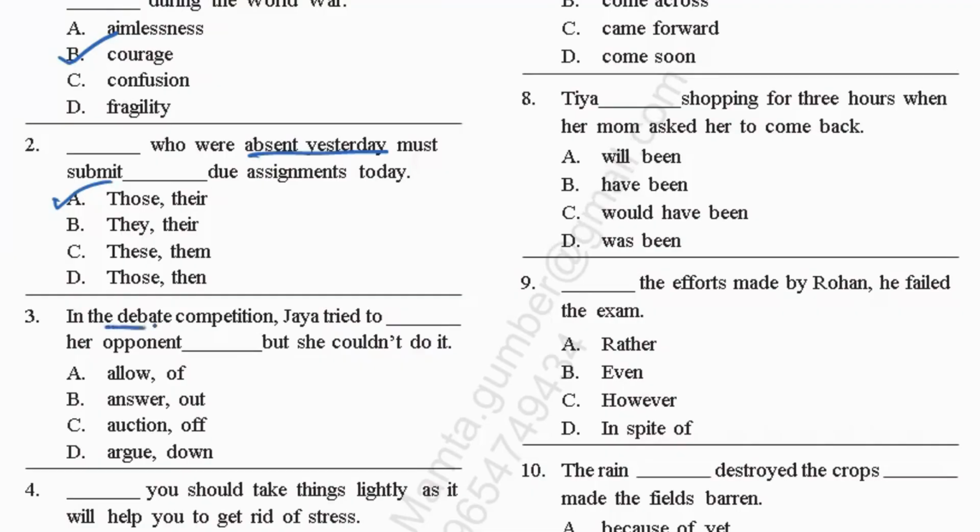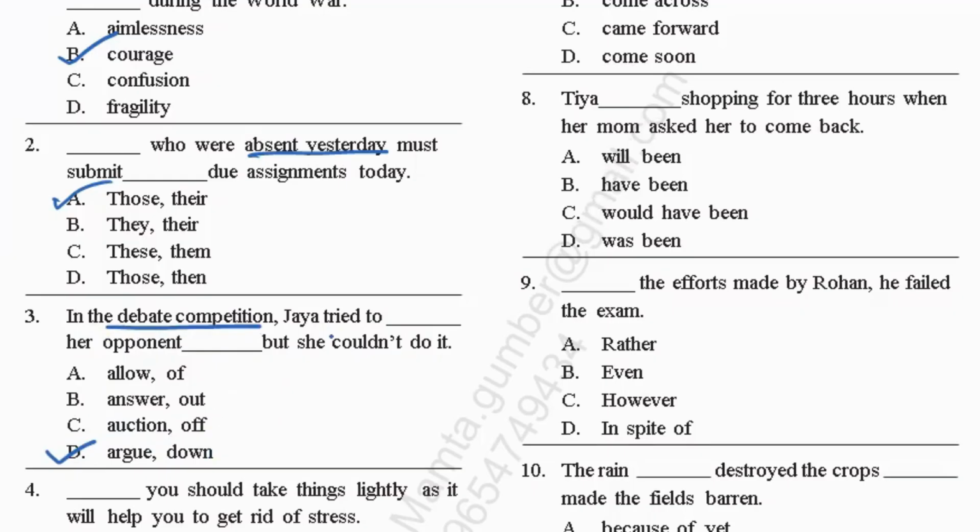A debate competition is definitely about arguing, right? So the correct answer would be: in the debate competition, Jaya tried to argue her opponent down, but she couldn't do it. Argue down means to defeat somebody in an argument. So the correct answer for question number 3 is option D, argue down.